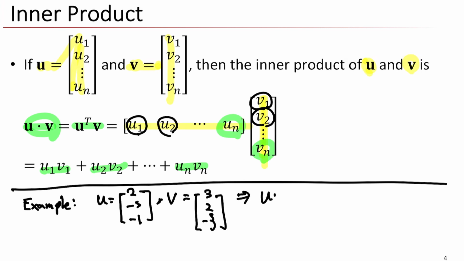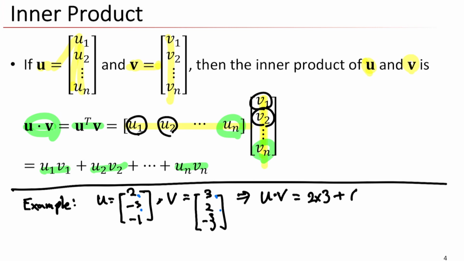Then compute the dot product of u and v. So how can you do that? Just the element-wise multiplication. So 2 times 3 plus here, and here.